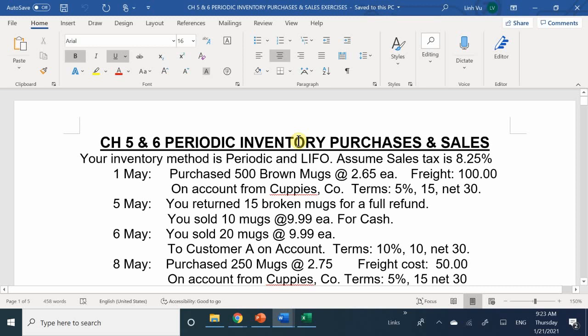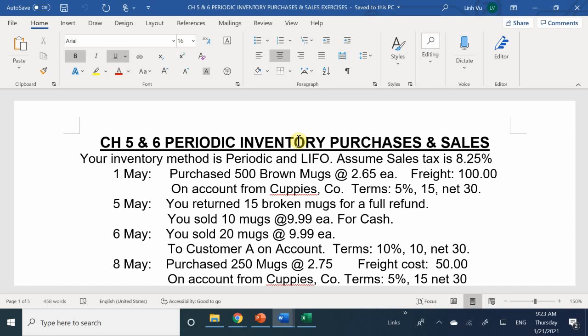The use of the inventory worksheet. So not only are we going to practice journalizing our purchases, we're going to practice journalizing our sales, and how the inventory worksheet fits in all of this, okay?